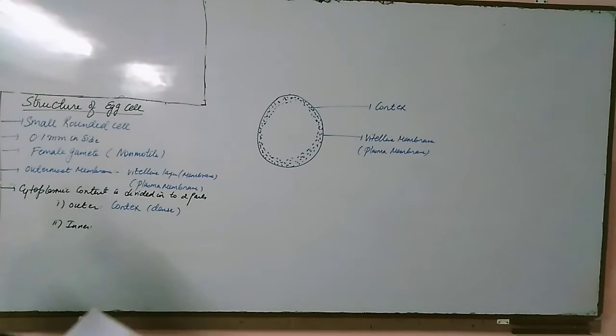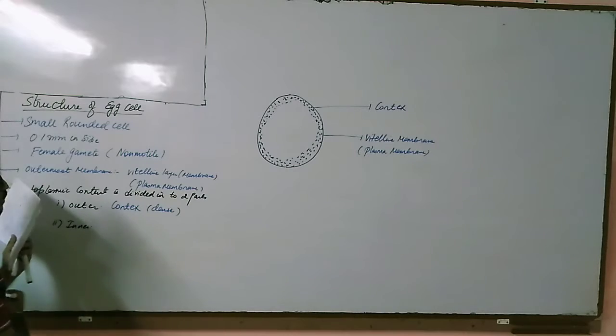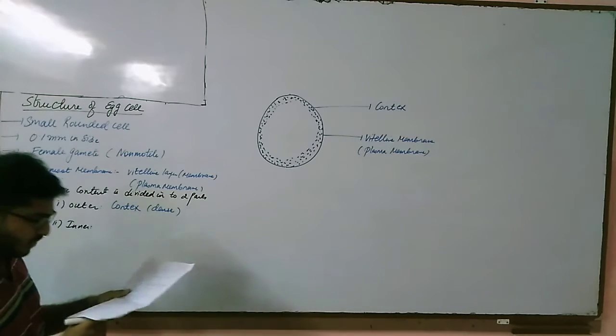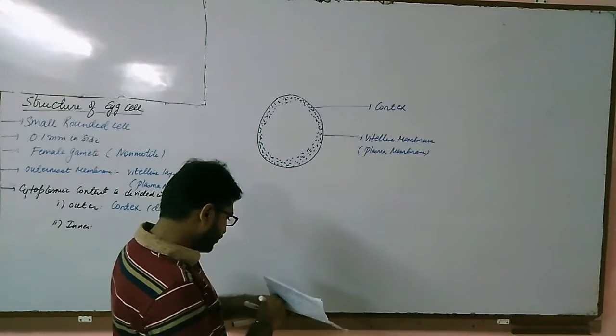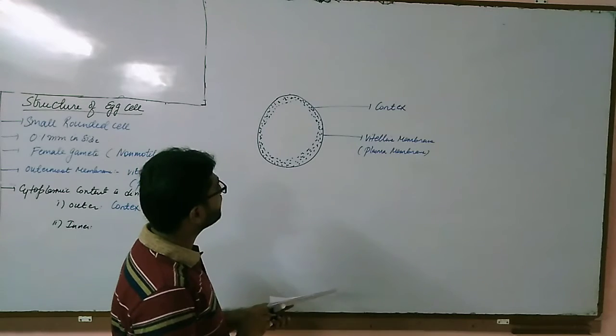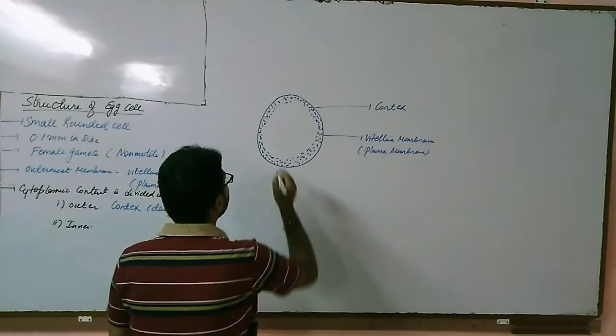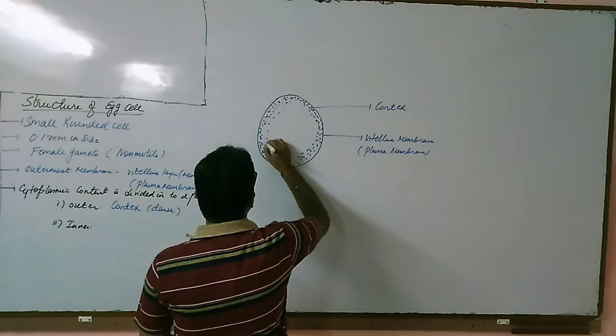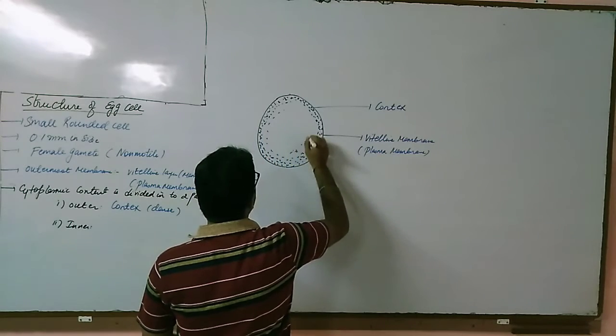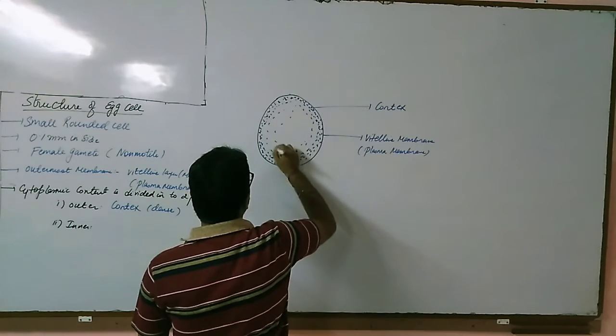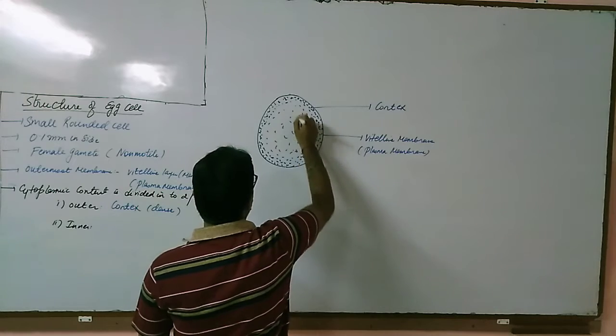Inner region is basically called ooplasm, right? Ooplasm. So let us use the red for inner region, and this is also maximum in the case of the human egg cell.